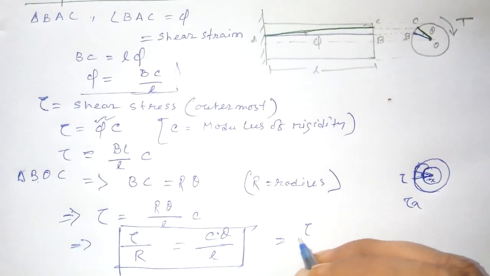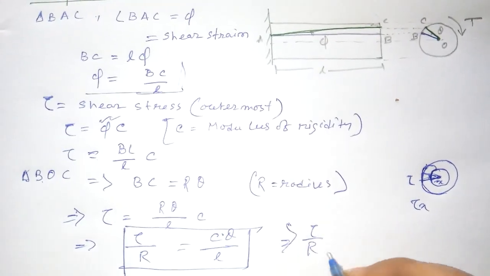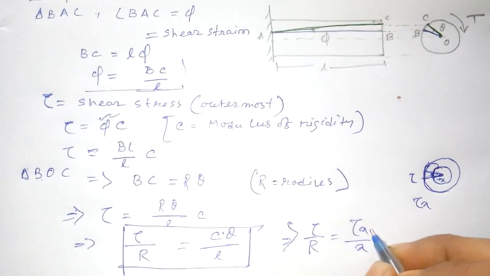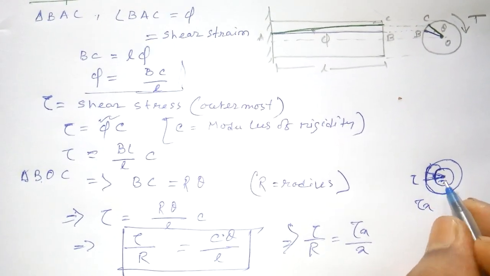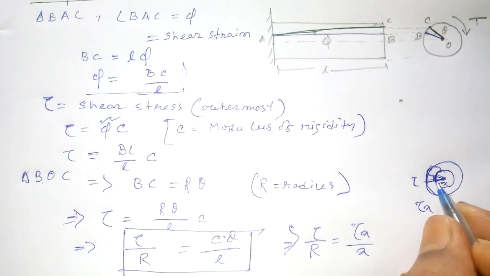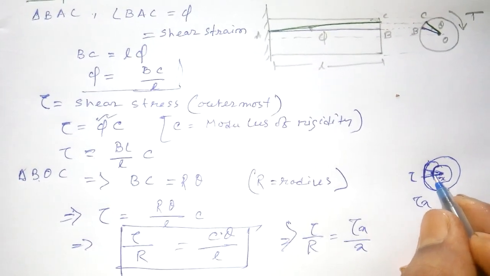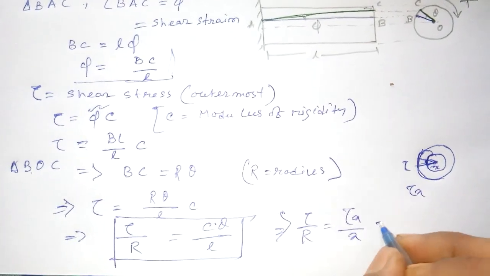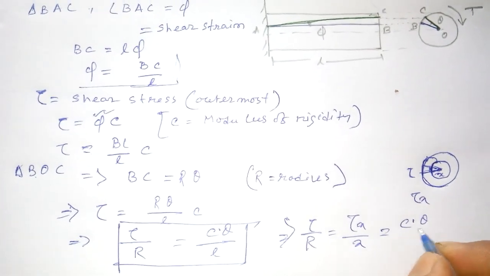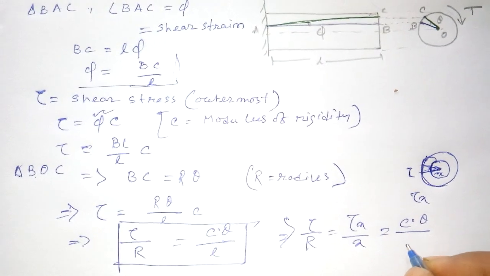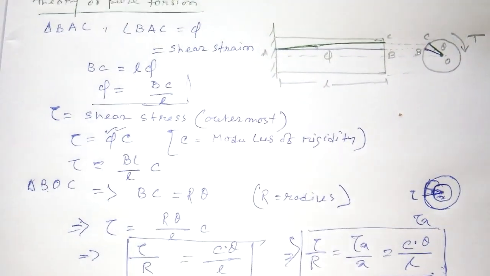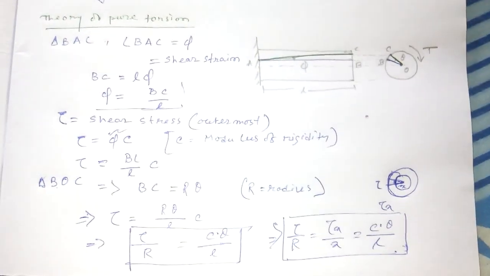That means you will get tau by r is equal to tau x by x, where tau x is the shear stress at that particular fiber, a fiber situated x distance apart from the center. And this will be equal to C theta by L, right? So you will get this relation. So this is the relation.